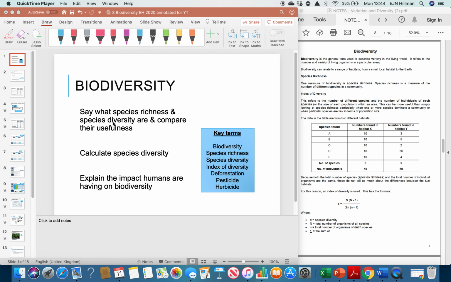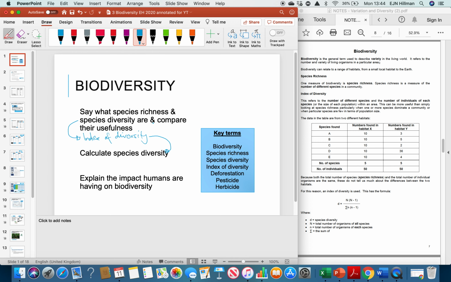And today we'll have a look at biodiversity and two of the measures of biodiversity. The first one is species richness. So I'll define species richness and species diversity. And species diversity is sometimes referred to as the index of diversity. And that species diversity, or the index of diversity, can be calculated.